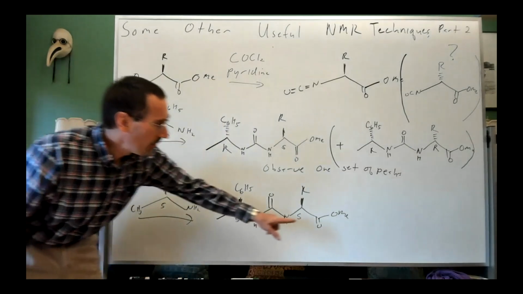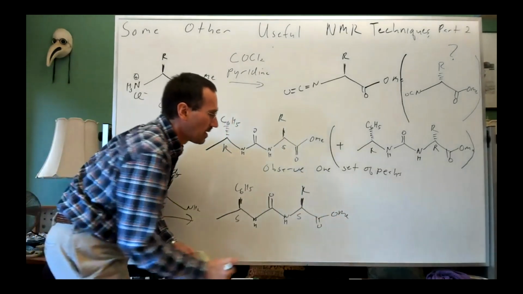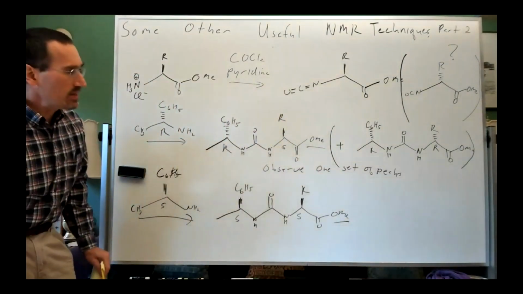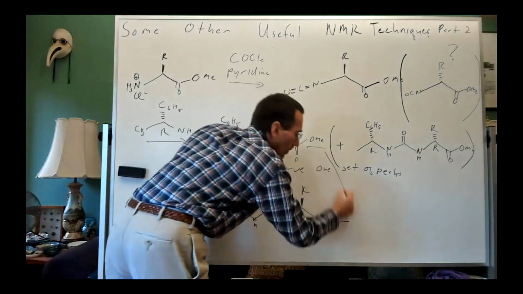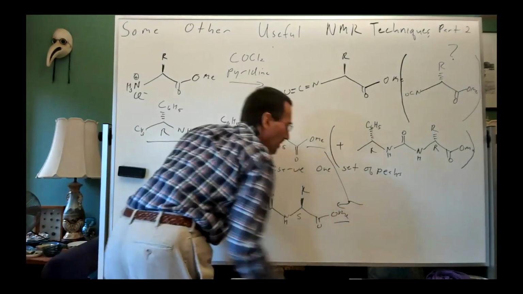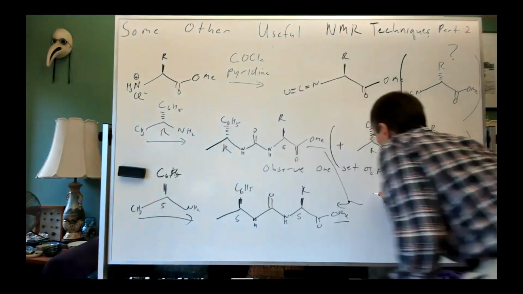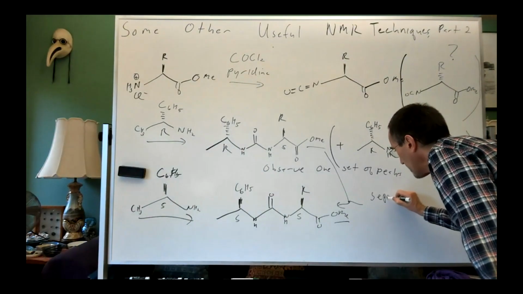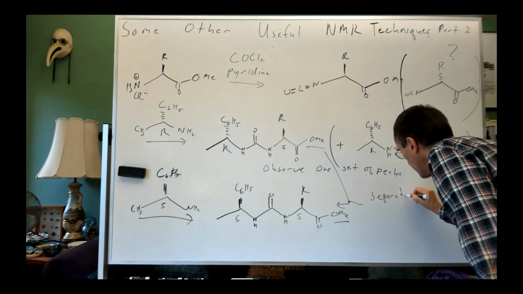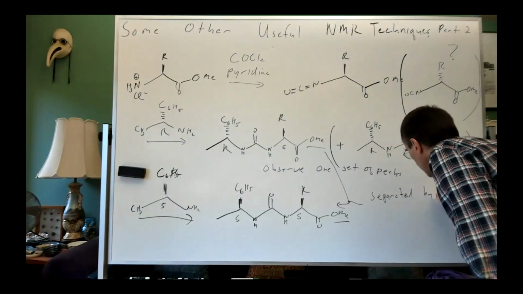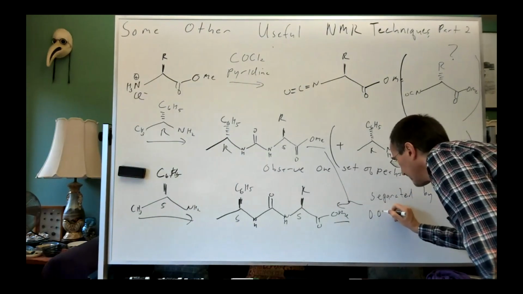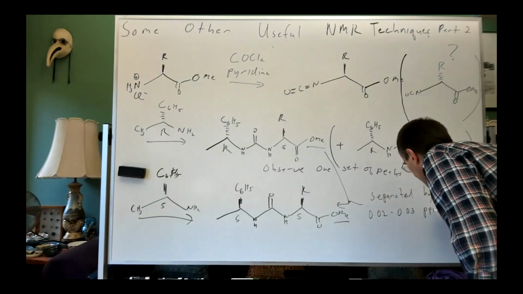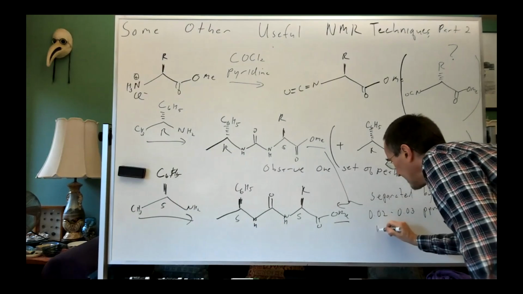And the SS diastereomer has peaks that are distinct. For example, the two methoxy groups, depending on which amino acid we use, appear well separated. They're separated by about 0.02 to about 0.03 parts per million in the NMR.